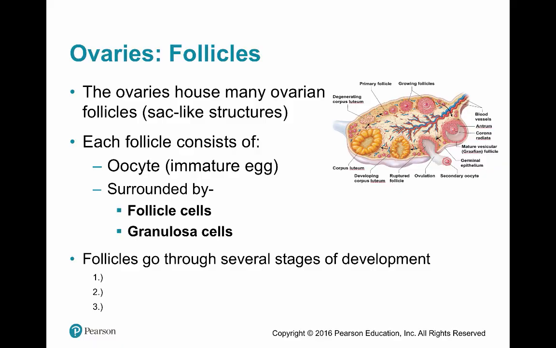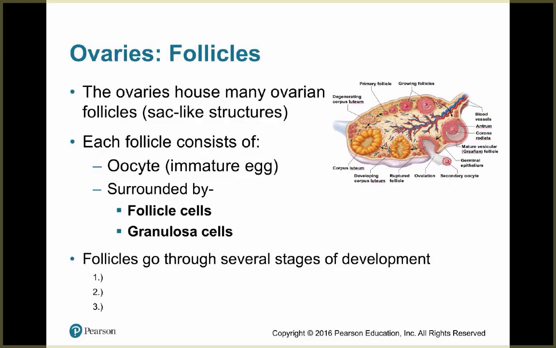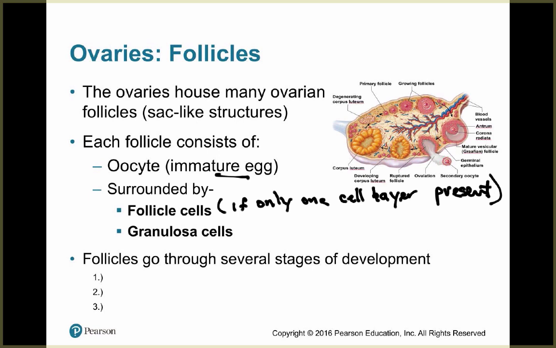Now, for the ovaries. Within the ovaries, you have follicles, and the ovaries house these many ovarian follicles, which are sac-like structures. Each follicle consists of an oocyte, an immature egg, surrounded by follicle cells or granulosa cells. It's follicle cells if only one layer is present, and if there's more than one layer present, then it's granulosa cells.